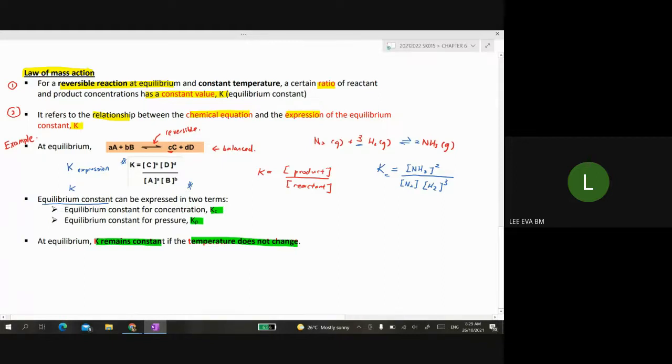Otherwise, you won't be able to identify which has concentration and which has pressure. This one will be covered in a while, yeah?